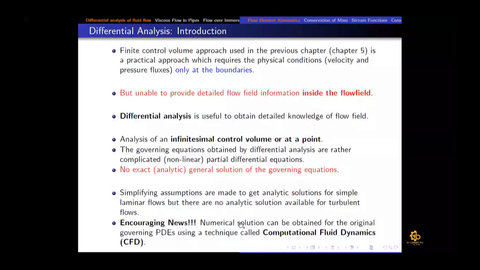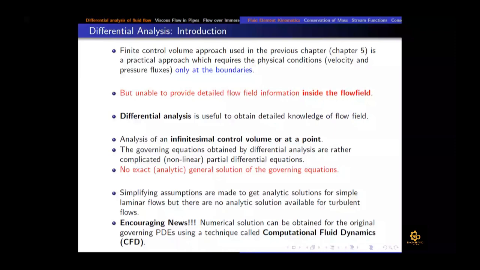To do the numerical solution, we use some kind of software. As I have already told you, ANSYS is a software used for CFD purposes. We call it computational fluid dynamics, or CFD, so that we can do the numerical solution.